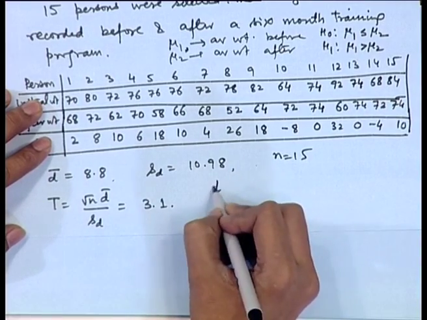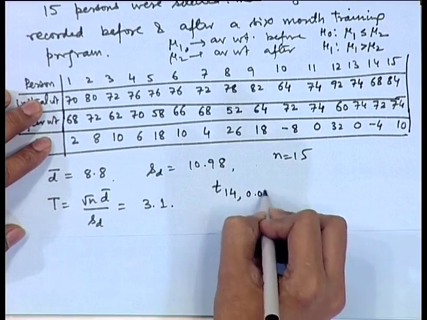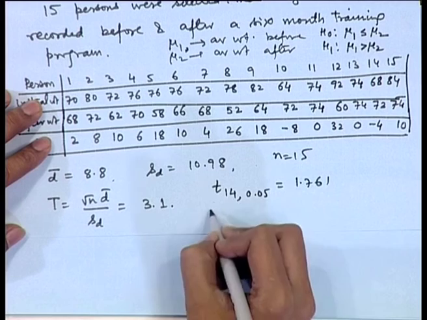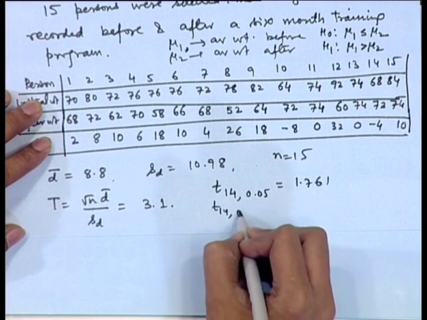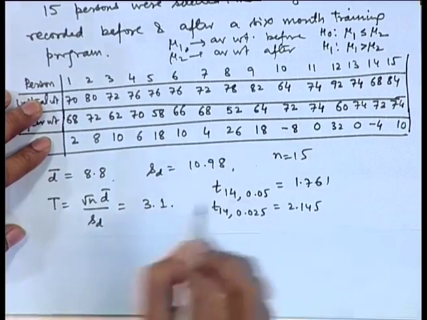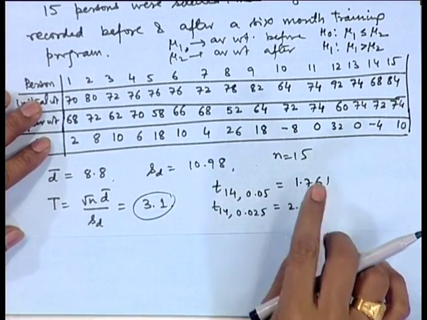If we consider t distribution on 14 degrees of freedom, then the value at 0.05 is 1.761, and t 14 at 0.025 is 2.145, etc. You can see that this value is significantly higher than these values.